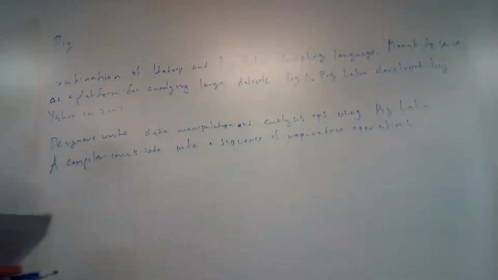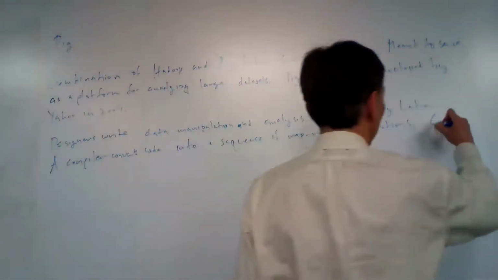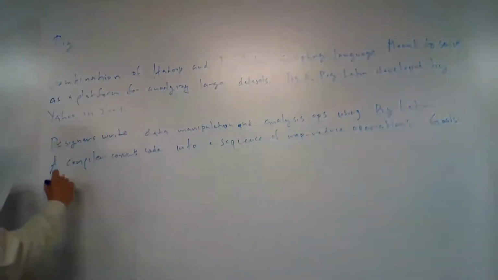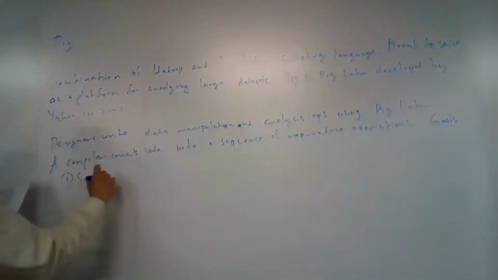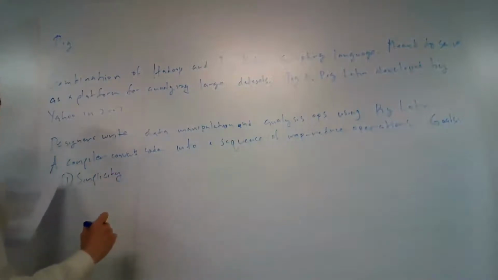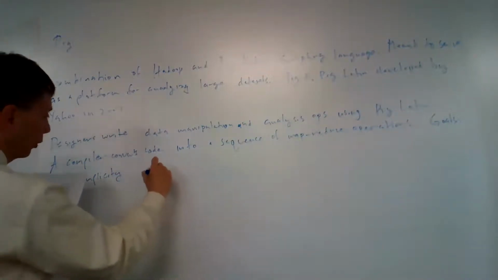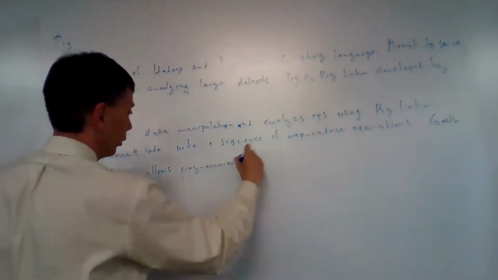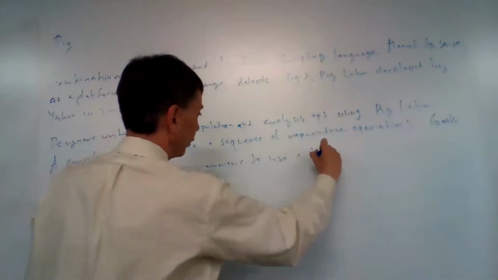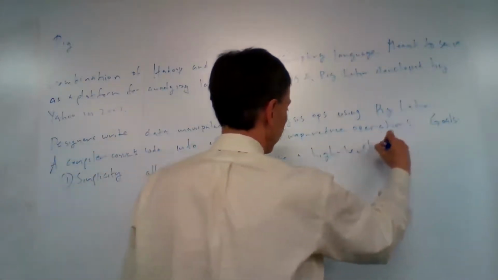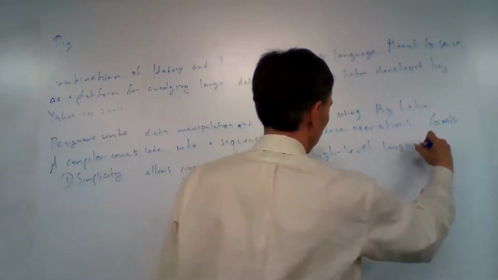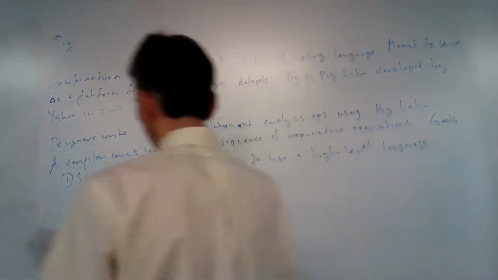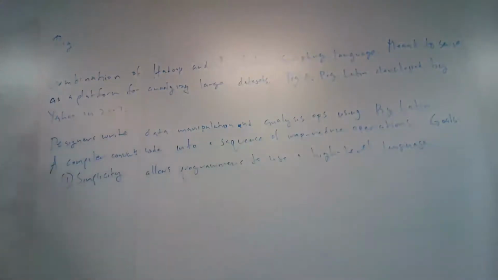operations. So the goals of Pig Latin when they wrote it were, one is simplicity. So this allows programmers to use a high-level language which is simple to develop and maintain, just like any high-level language.